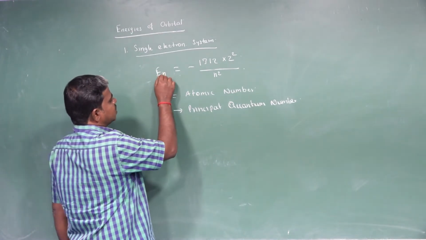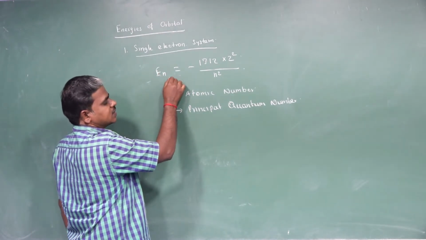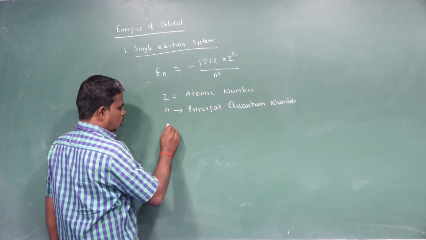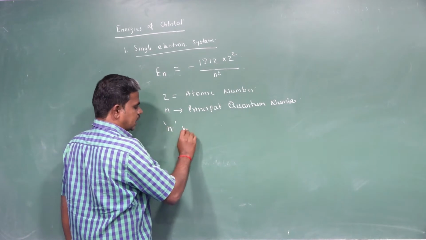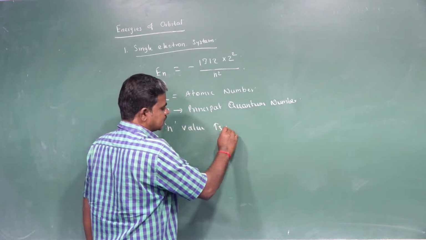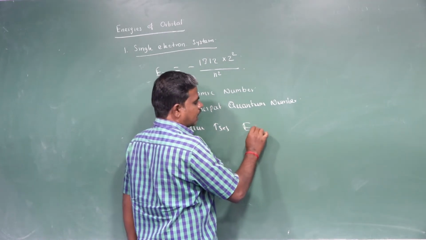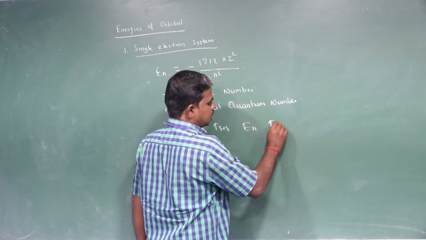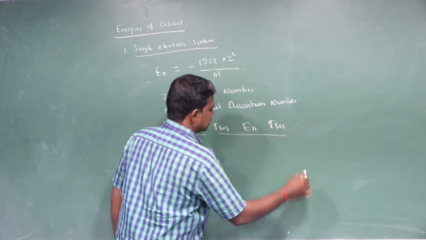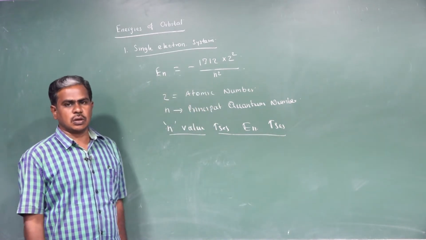When the principal quantum number increases, the energy of the electron also increases. So, as the n value increases, the energy of the electron also increases.